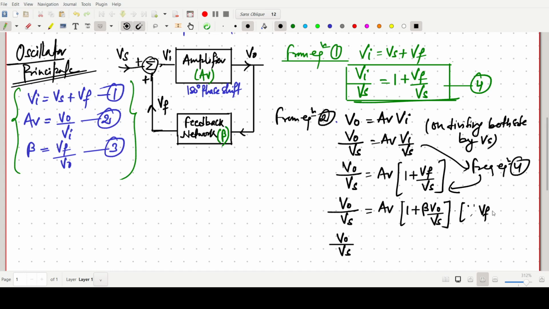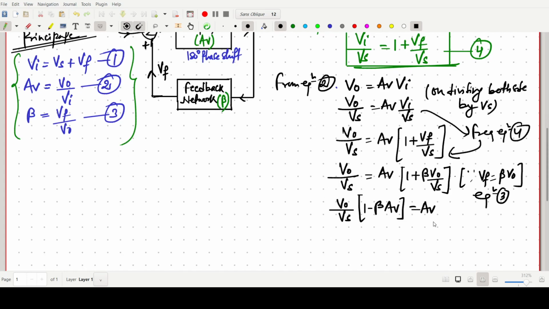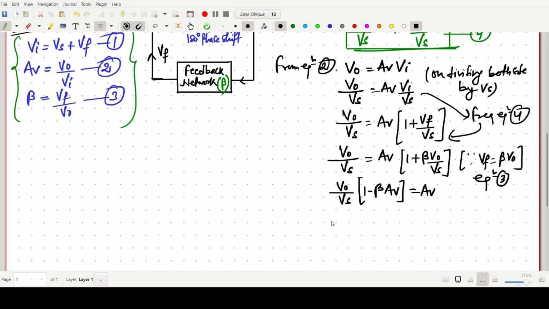So V naught by Vs, one can write, 1 minus beta Av equals Av. Finally we can write V naught by Vs equals Av by 1 minus beta Av. Okay?